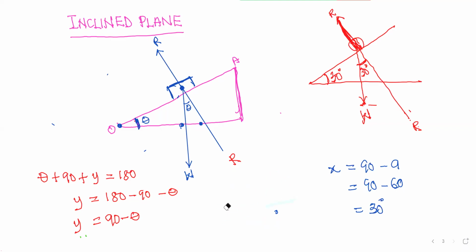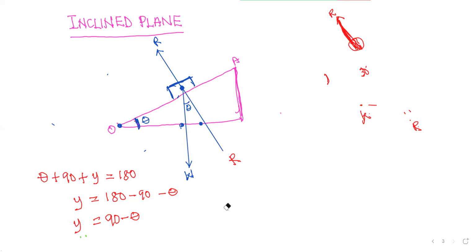Now, we see the weight vector or the weight of the object tilting through an angle theta. We have done trigonometry a little bit. So this is what I'm talking about.